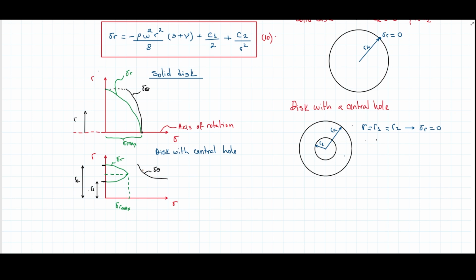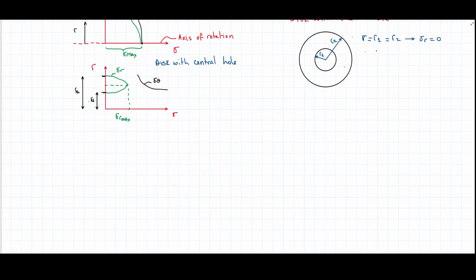But one interesting question that people formulated is, can we have a disk with uniform stress distributed along the radius? Meaning, what if I could have a disk, and actually they call them disks of uniform strength.